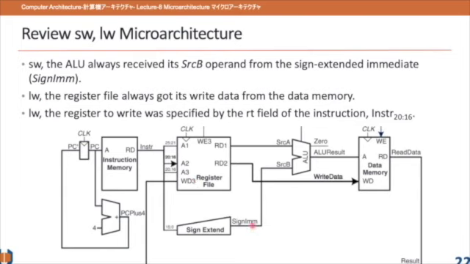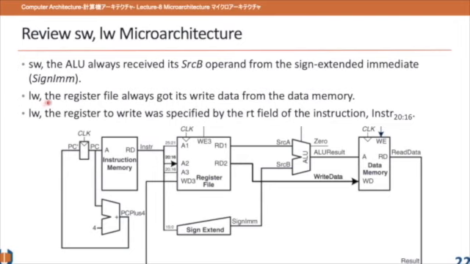This is fixed, because in both the load word and store word instructions, the ALU is used to calculate the memory address, with a base address from source A and the offset from source B, to get the memory address where you write or from where you read. This is one thing you need to keep in mind.